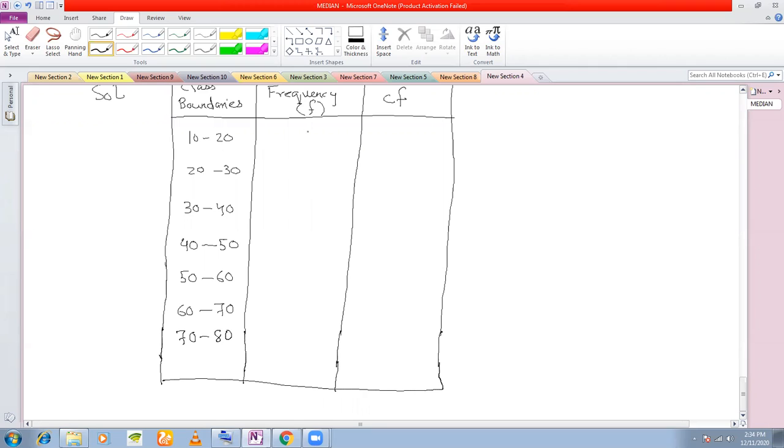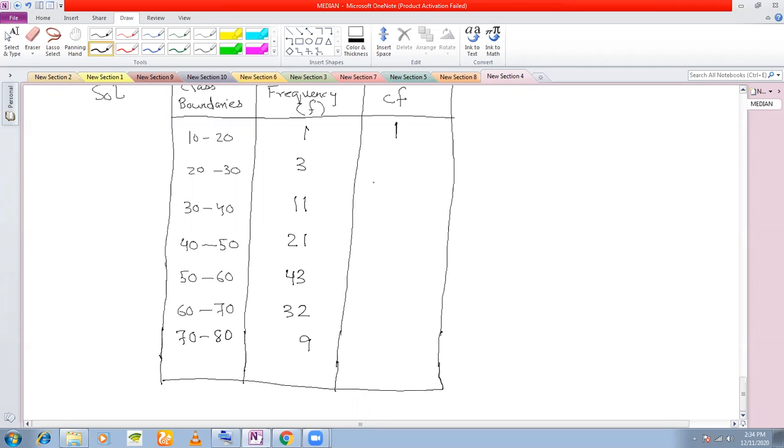Write down the frequencies. And write down the cumulative frequencies.